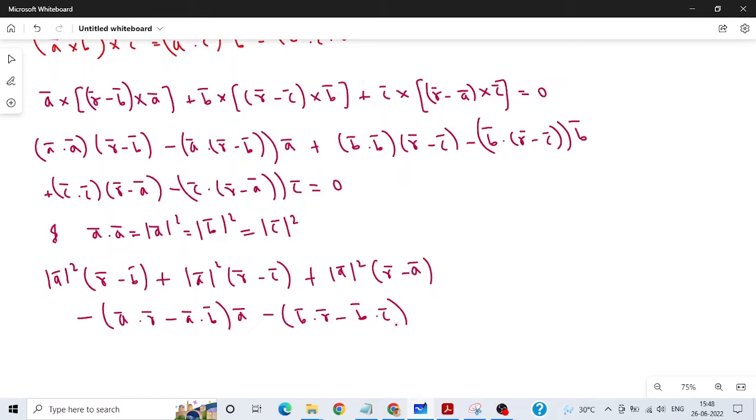Again this b bar dot c bar is going to become 0. Then it's a minus c bar dot r bar minus c bar dot a bar. Again the c bar dot a bar is going to be 0.